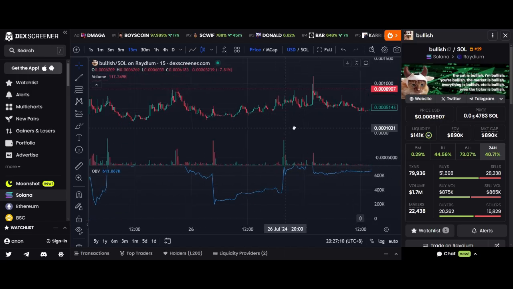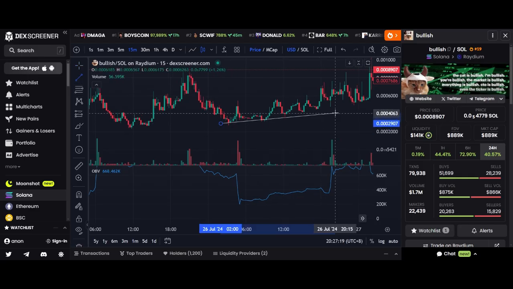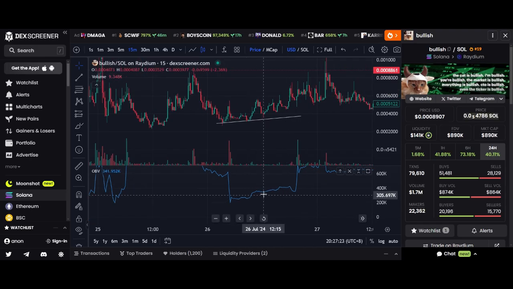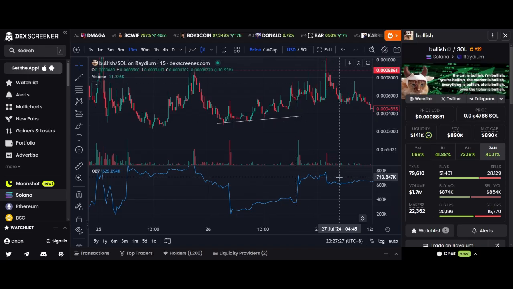So as you can see, price isn't moving up very fast, but it's tracking sort of sideways, right? We're going on this sort of sideways trajectory. But the volume is starting to increase before we have this pump up here.